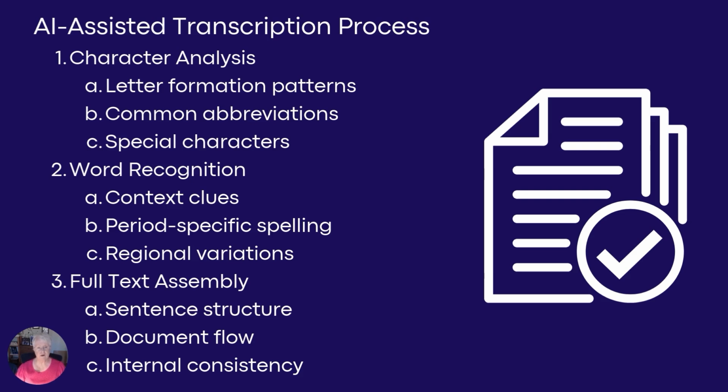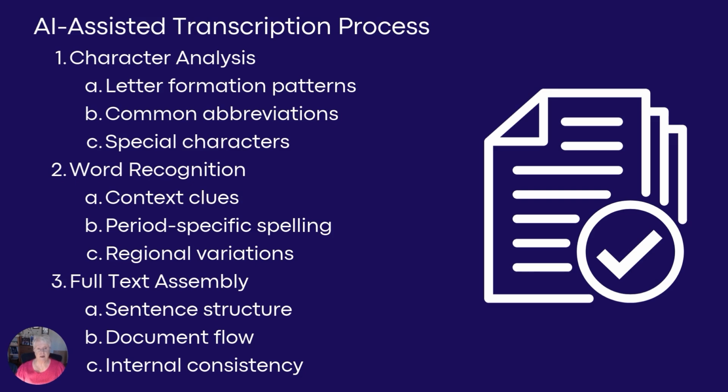This AI-assisted transcription process is what the tool will use to break down the task for your required transcription. It goes through the character analysis, word recognition, and then a full text assembly. These large language models excel at this task because that's what they have been designed for and have a vast knowledge base on which they can draw from.